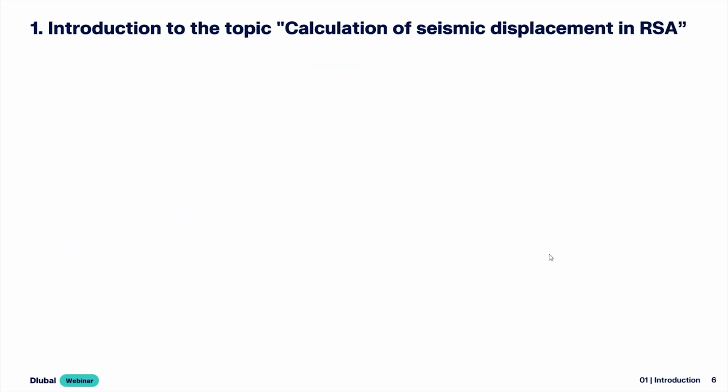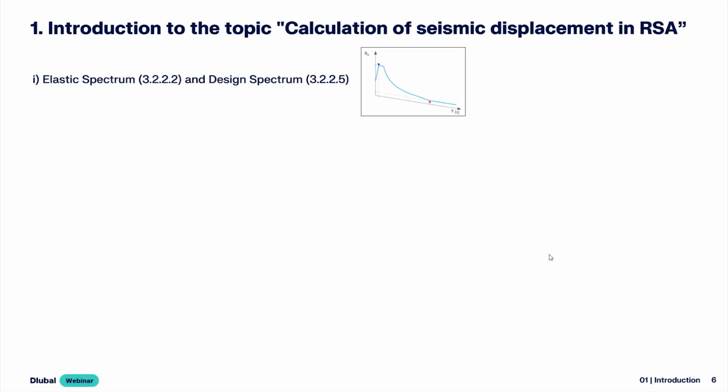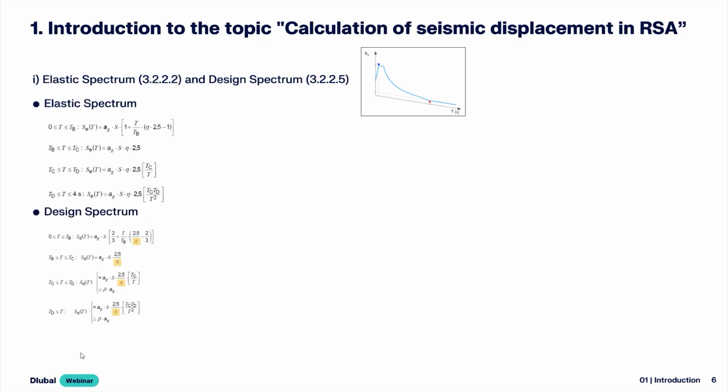Let's jump now to a short review of the elastic spectrum and design spectrum. For Eurocode 8, we have these two concepts for our curve for the acceleration ordinate in the spectrum: the elastic spectrum and the design spectrum.